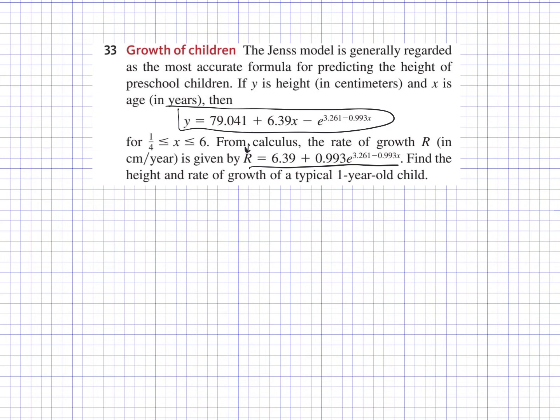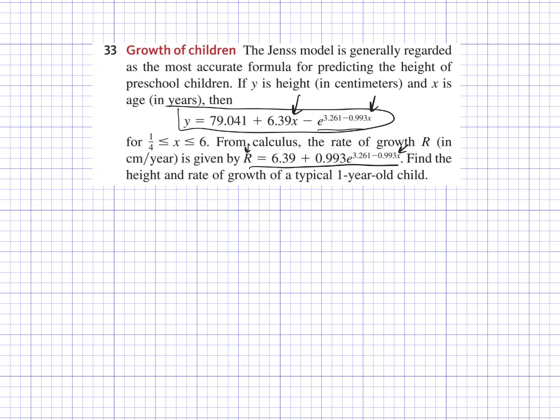So we do both of these. If we plug in 1 for x right here and do the calculation, that'll give us our height. And plug 1 in here, and that'll give us our rate. So all you have to do is substitute 1 and then do the calculation. Let's go ahead and do the top one here. You have to do these exponents first.